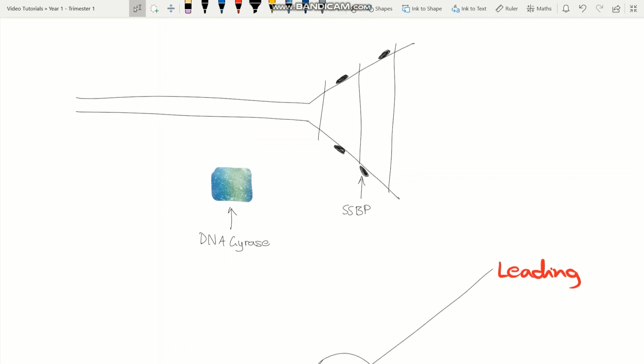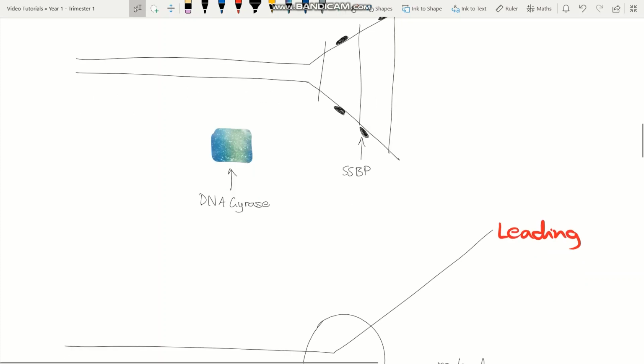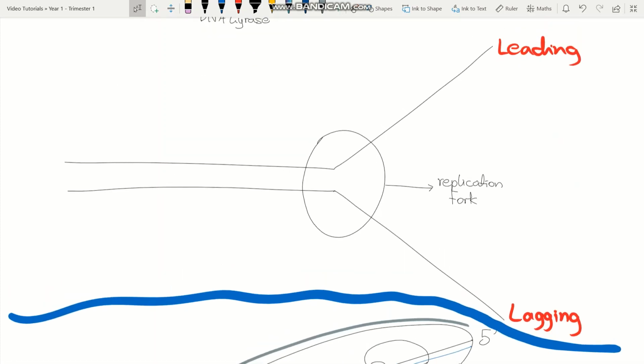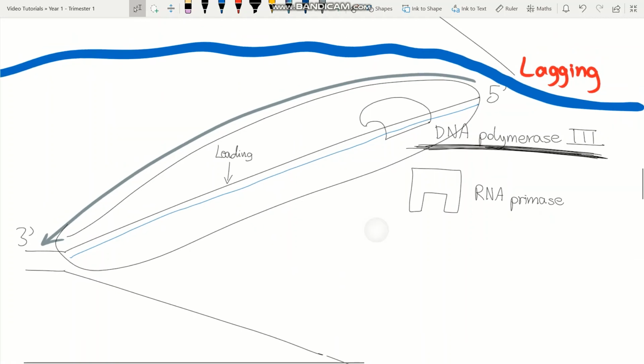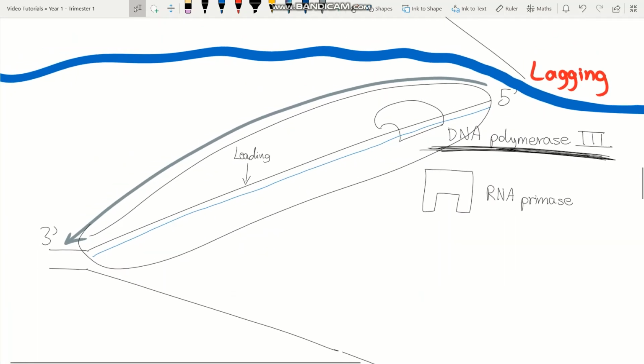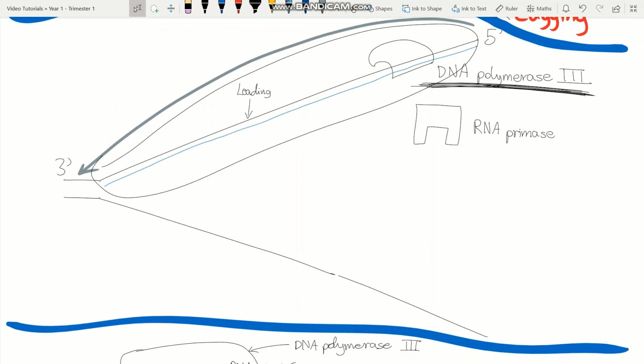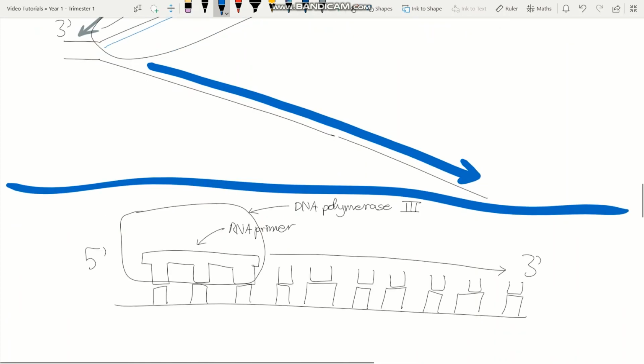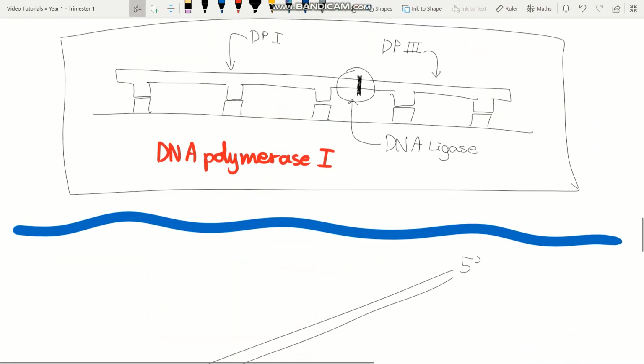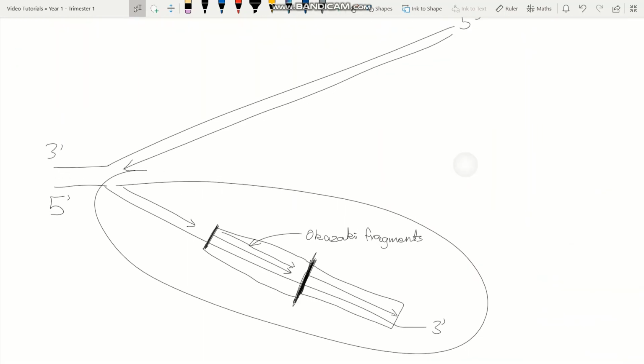A DNA gyrase enzyme which introduces nicks, which allows for less tension in the DNA strand. There is a leading and lagging strand. The leading strand can be replicated in a 5' to 3' direction. The lagging strand, on the other hand, must be done in a 5' to 3' direction, but away from the origin of replication, therefore meaning that there is formation of Okazaki fragments.